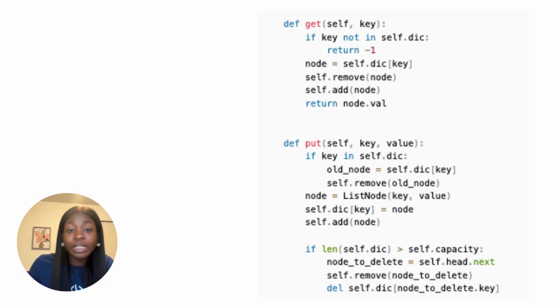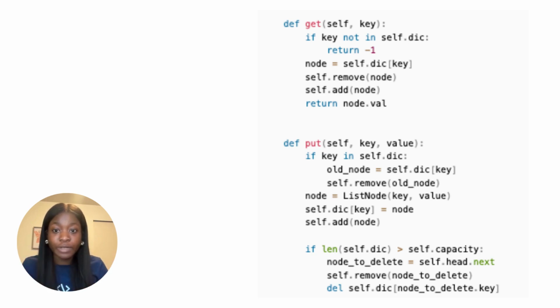Then if that's not the case, we're going to say that our node is equal to the value of the key. And we're going to be removing it too. So first of all, we're going to remove node, then we're going to add node to the front, meaning that, okay, this is being used. That's why I'm moving it to the front. Like I said before, a queue, and we're going to return that node value.